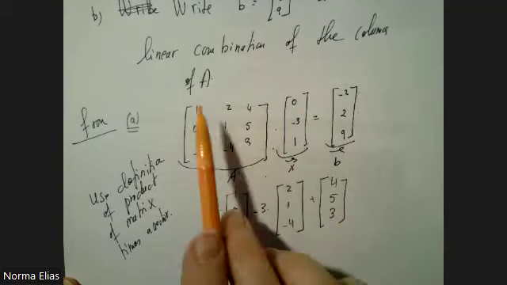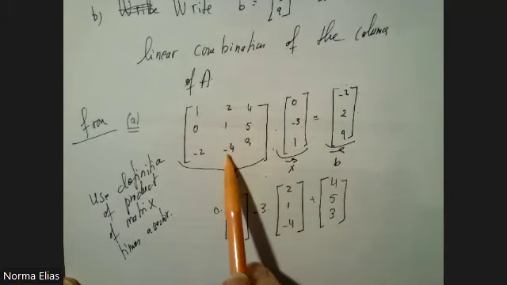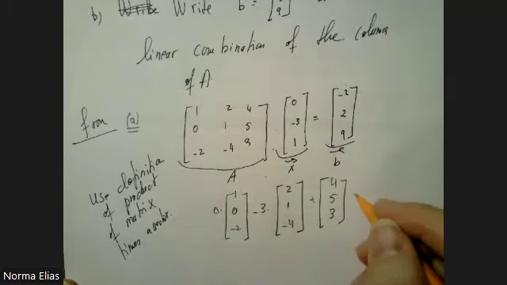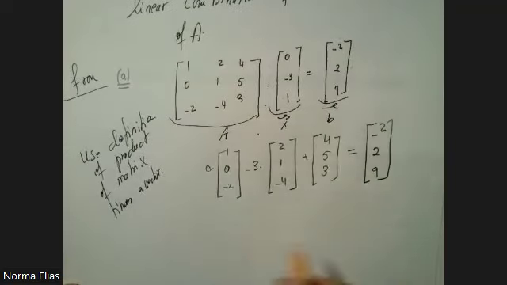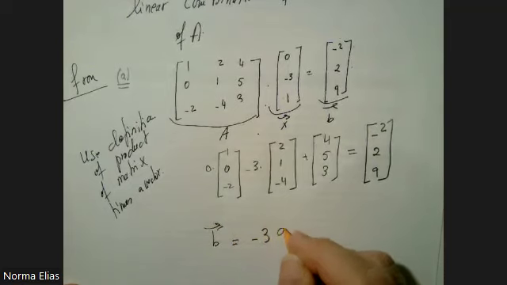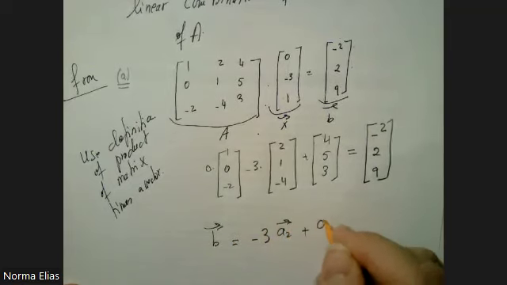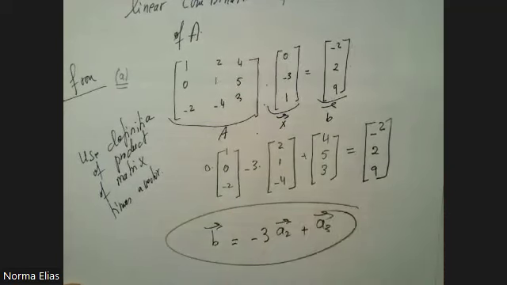So 0 times the first vector, minus 3 times that vector, plus 1 times this vector. That's the linear combination. This would give me the vector B. That's the definition. It means the vector B is -3 times the first column, plus the last column. So B is a linear combination.